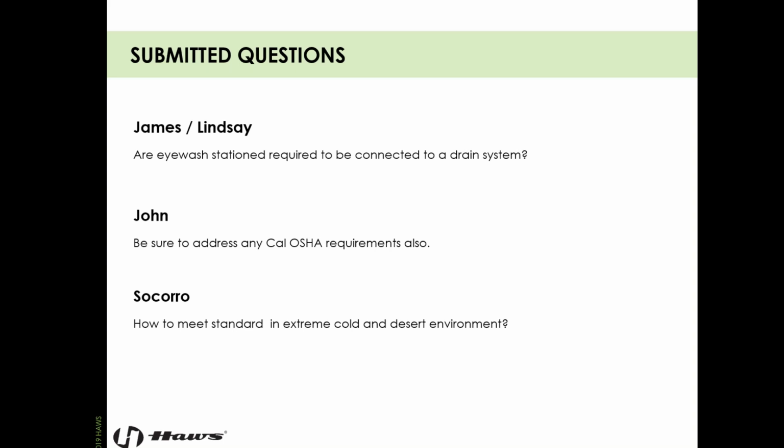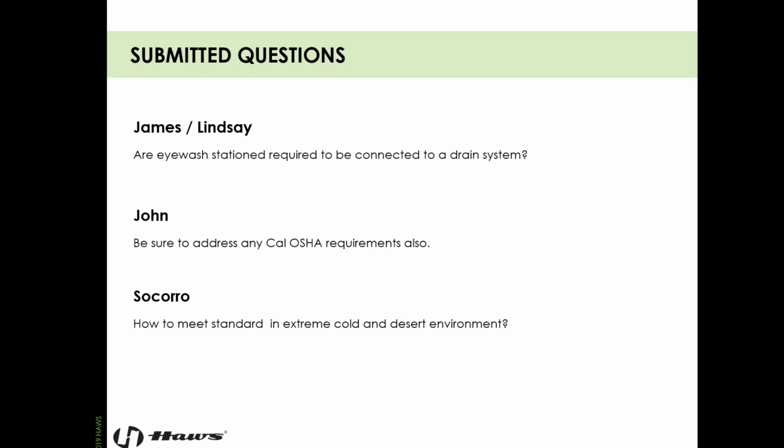So it's not required from an OSHA ANSI standpoint, but may be required based on your local building code. That's where you're going to want to look, and just as a common sense type of thing, you definitely want a drain nearby this type of equipment.